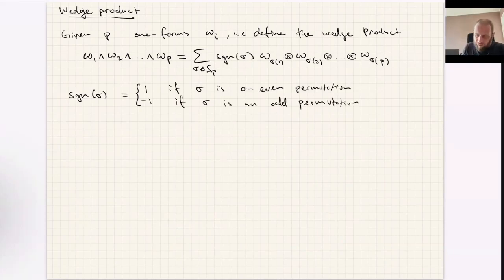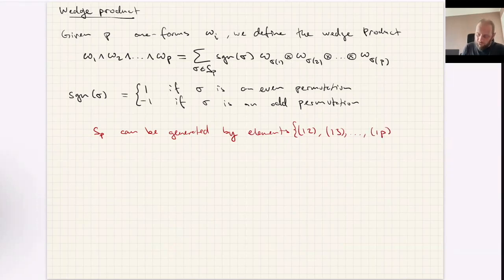So just to mention a little bit about that, in general S_p can be generated by elements essentially (1 2), (1 3), and so on up to (1 p).